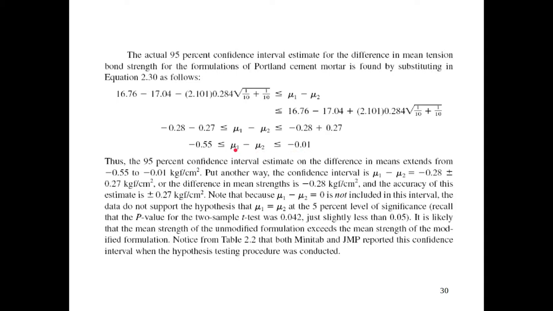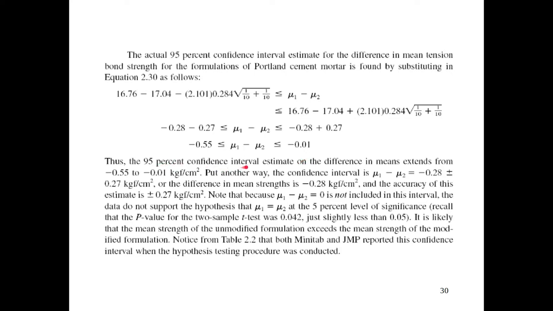We already said the null hypothesis is not true. We rejected the null hypothesis, which says mu1 is equal to mu2, and we rejected that. That means we are saying mu1 is not equal to mu2. If we see zero in the parentheses of this confidence interval, that means the null hypothesis is true, mu1 is equal to mu2, and that's the only way we get zero in this confidence interval, right?